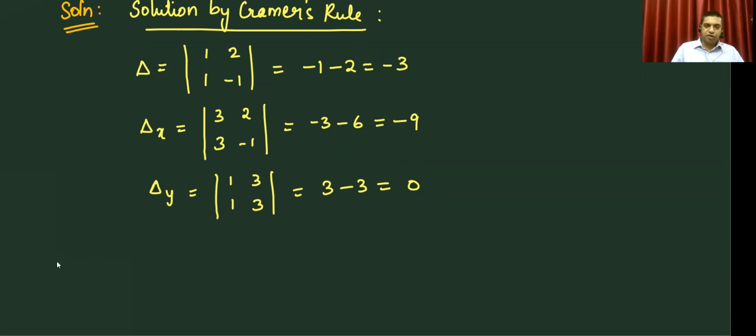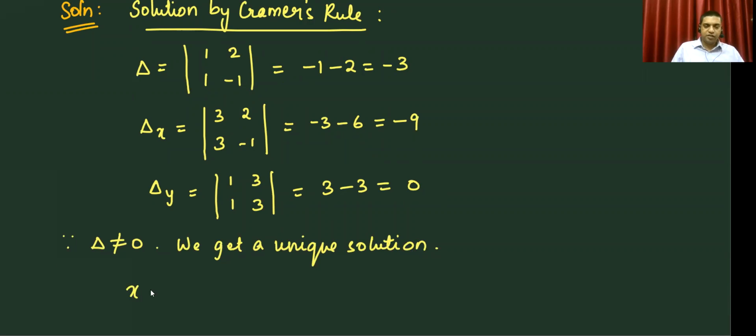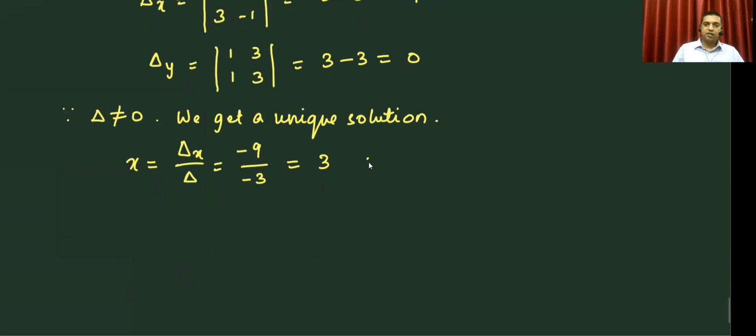Now, since delta is not equal to 0, we get a unique solution. What is that unique solution? x is delta x upon delta, which is minus 9 upon minus 3, which is equal to 3. And y is delta y upon delta, which is 0 upon minus 3, which is equal to 0.